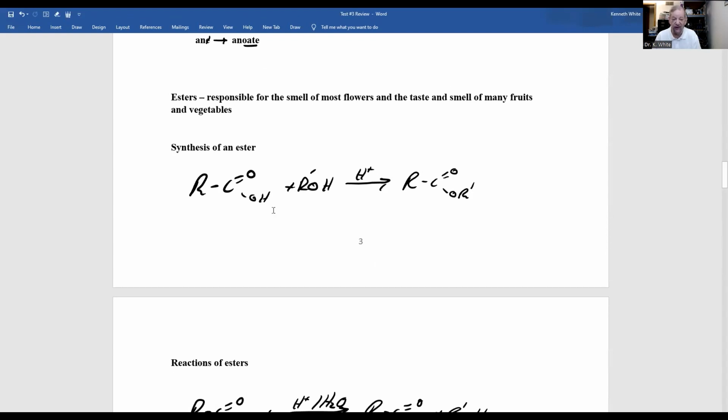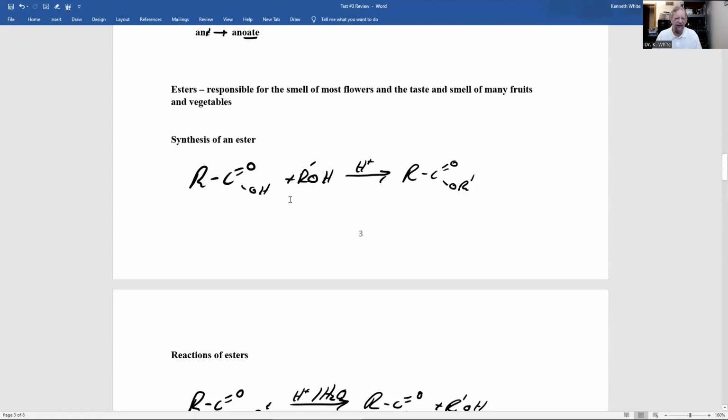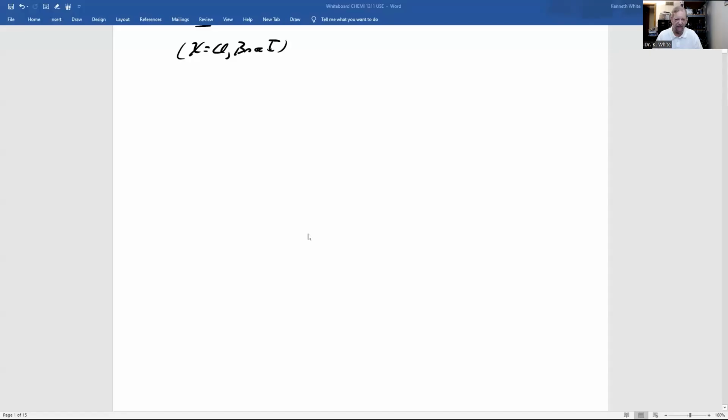By the way, it's really called Fischer esterification, discovered by the great organic chemist Emil Fischer, which you'll learn more about when we talk about carbohydrates and sugars, which is where he really made his name. But this reaction alone is a major lifetime achievement, and he did so much more. All right, let's take a run with this one.